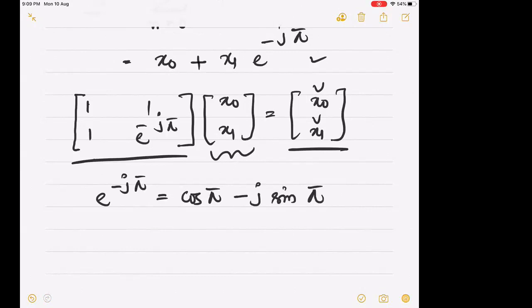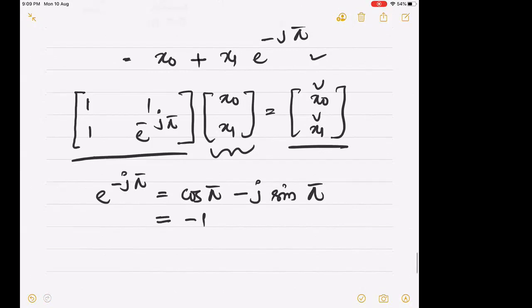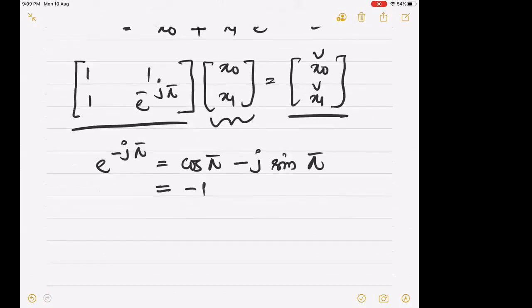Sine pi is 0. Cos pi is, I think, minus 1, if I'm not mistaken. Yeah, right. Cos pi is minus 1. So then this matrix is nothing but 1, 1, 1, minus 1, which is actually invertible. Right? So this turns out to be a linear equation.